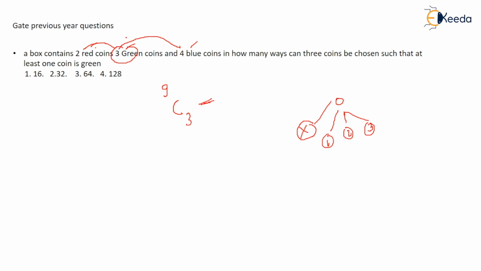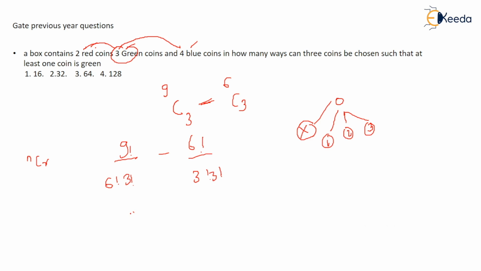Excluding green, what colors are there? Red and blue. So out of 6 I have to choose 3, right? If I separate this, I come to know the answer. It's 6 factorial upon 3 factorial into 3 factorial. How did I do this? nCr, I told you this one. Again and again I won't solve this.